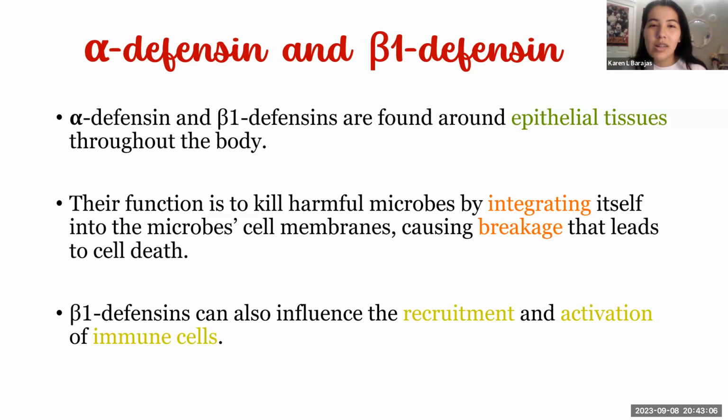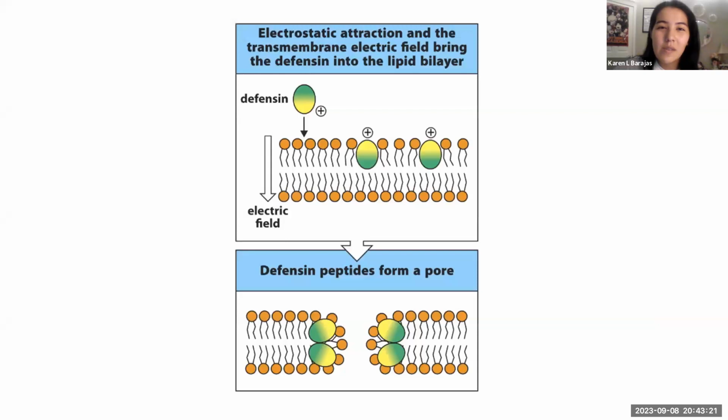And for the most part, that's the most that they do, but they also have an added function, which is not in the other kind of peptide, which is the recruitment and activation of immune cells. And you can see in the diagram, basically the defensin going into the cell and causing it to have breakage and basically causing the bacterial cell to die.